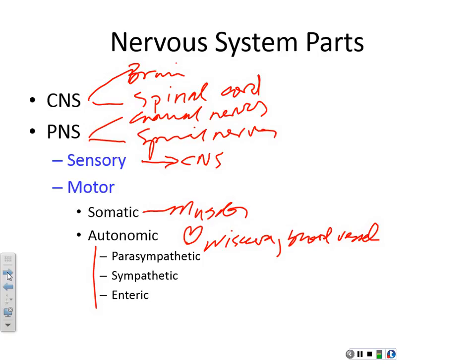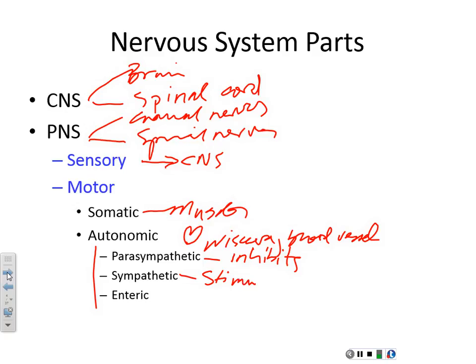What does the parasympathetic usually do? Inhibits or stimulates? Real quick? Okay, inhibits. You should kind of know these guys. Sympathetic, of course, does the opposite of that, which is to stimulate, right? If you're sympathetic to somebody, you kind of want to aid them. You kind of want to stimulate them, okay?